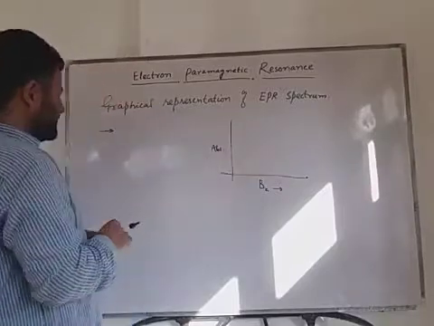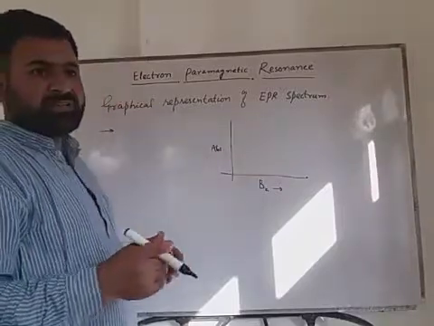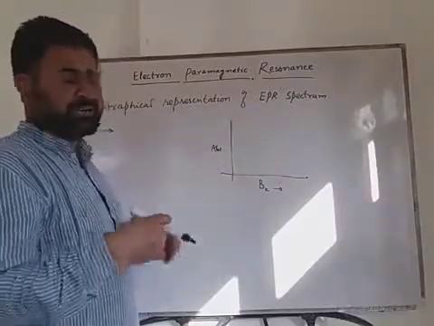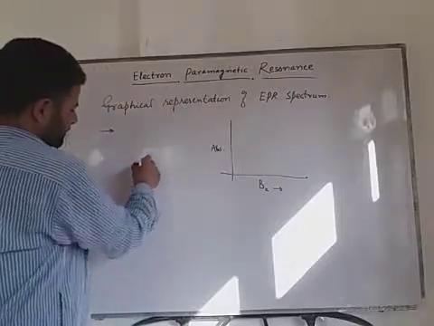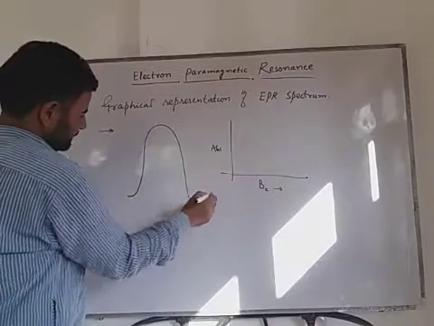Why? Because in case of EPR spectroscopy, the peaks which we generally get are broader. So the peaks come like this.